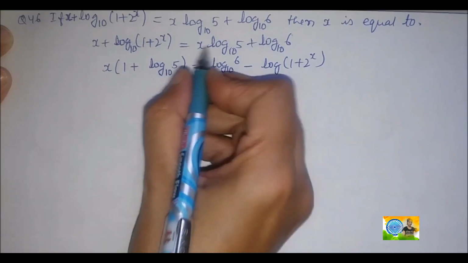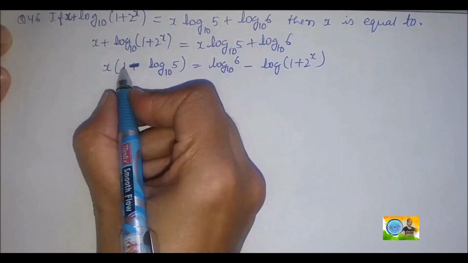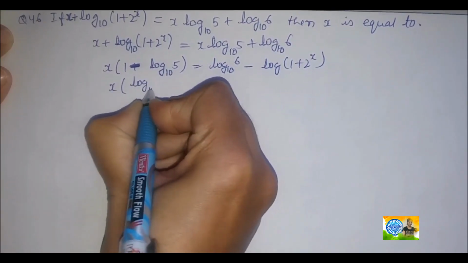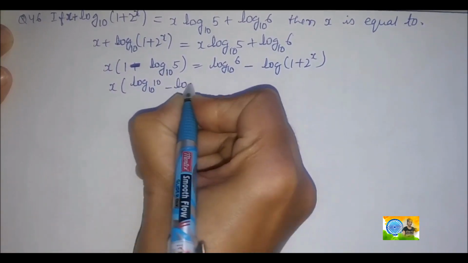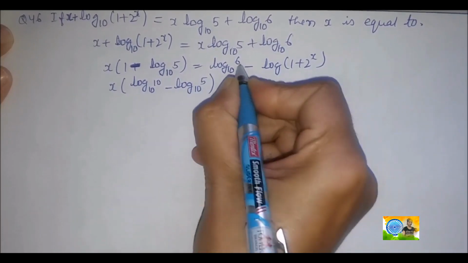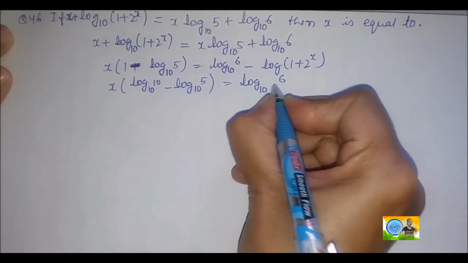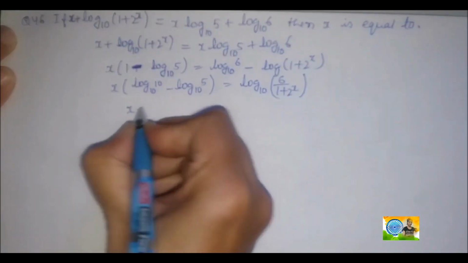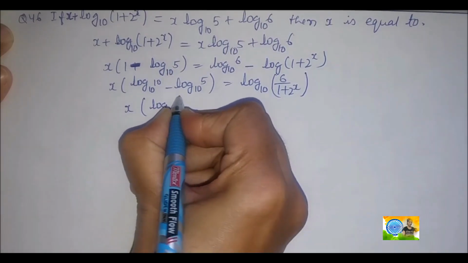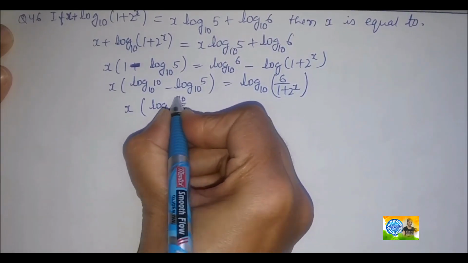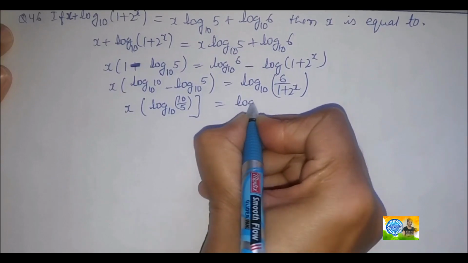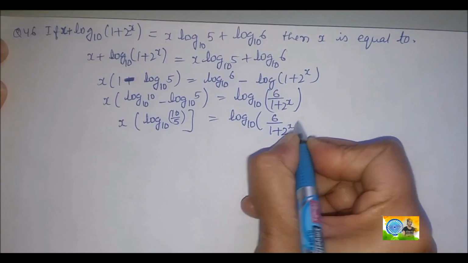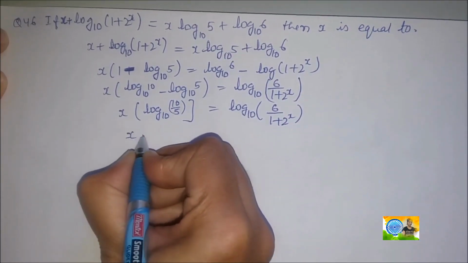In terms of base 10, we can write 1 as log base 10 10, so log base 10 10 minus log base 10 5 is log base 10 of 10 upon 5, and on the right, log base 10 of 6 upon 1 plus 2 raised to the power x.